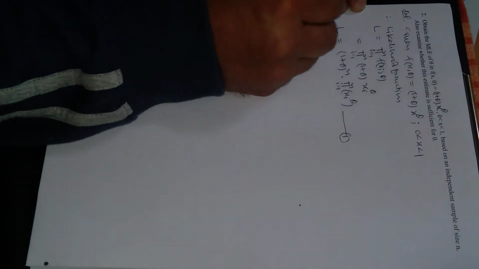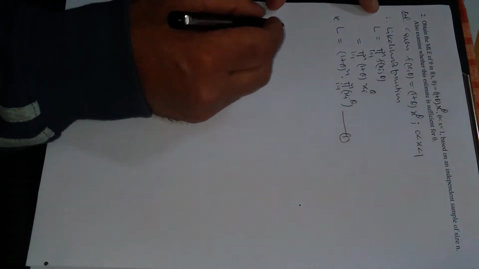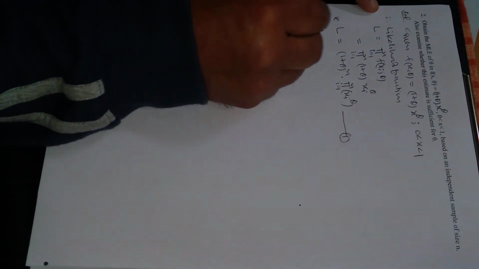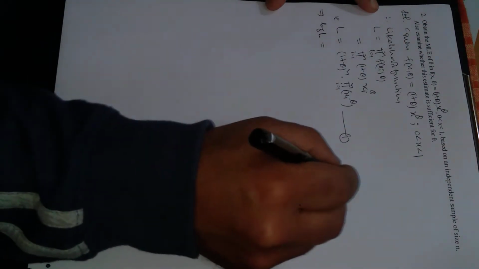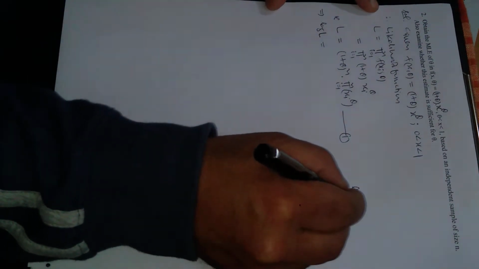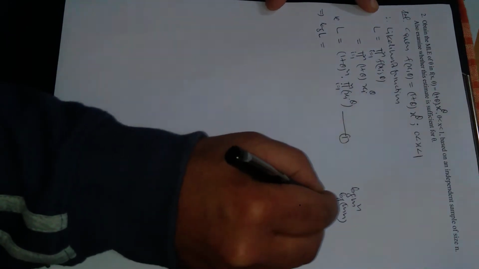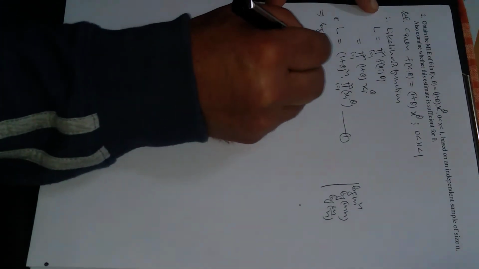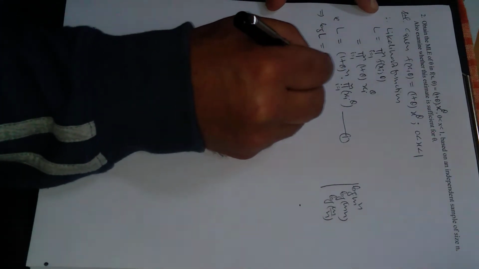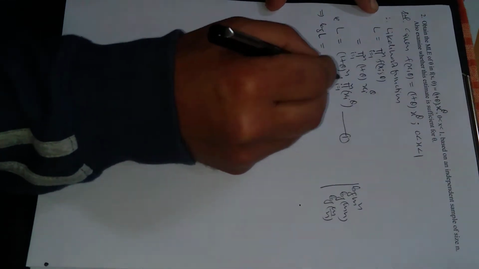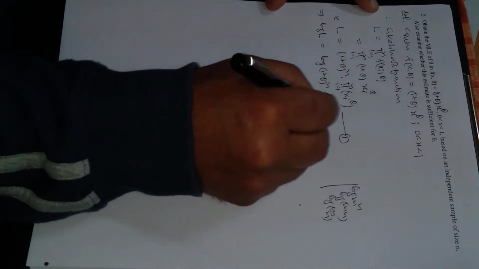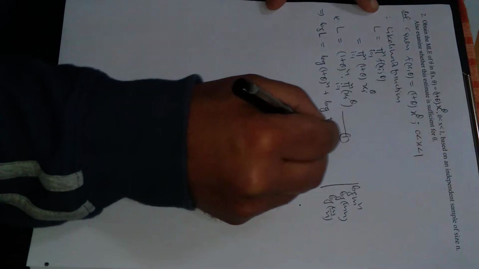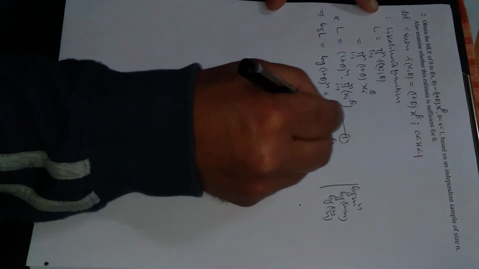This is L. Now taking log of this, we get log L. Use the formulas for log of m raised to power n, and log of m times n. So this will be log of (1 plus theta) raised to power n, plus log of the product of x i raised to power theta, with i varying from 1 to n.